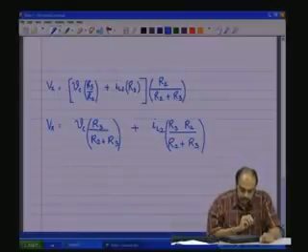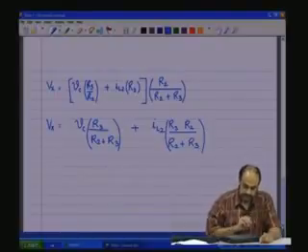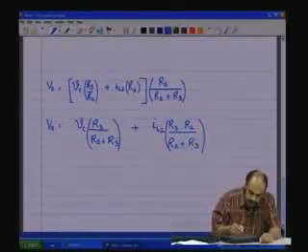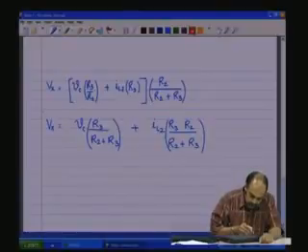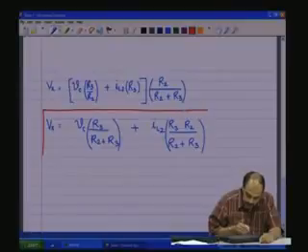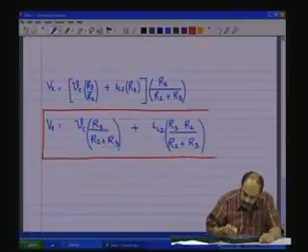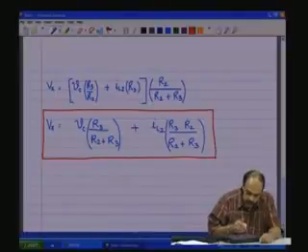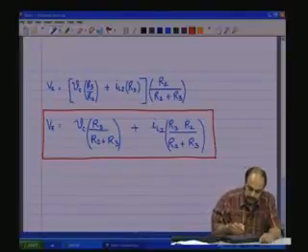So, this is the equation for Vx, which is the intermediate variable that is expressed in terms of state variables.